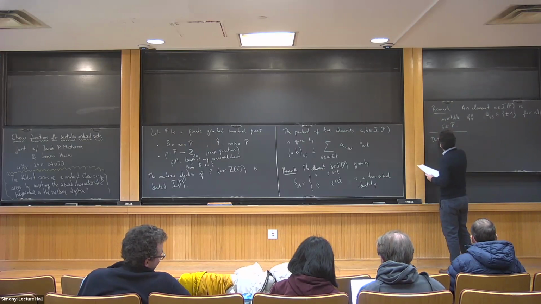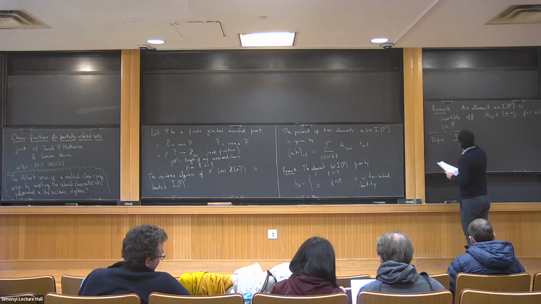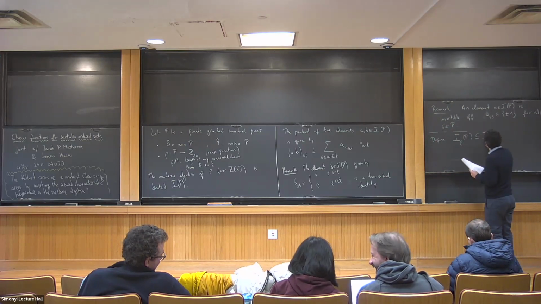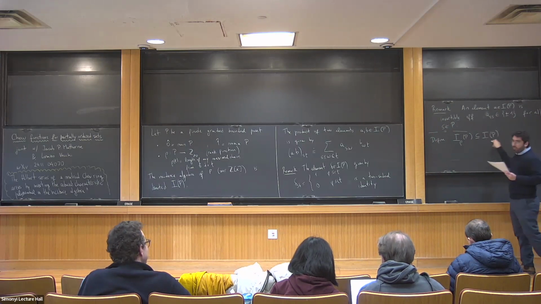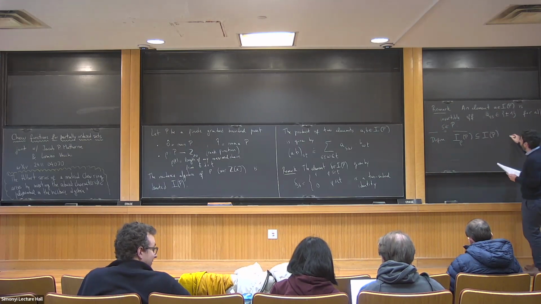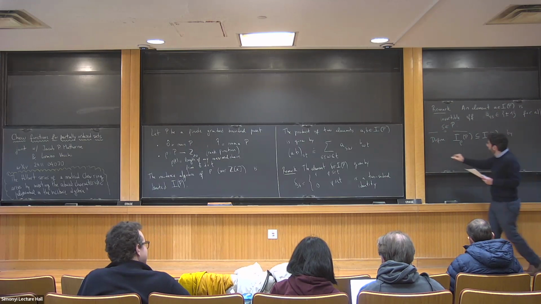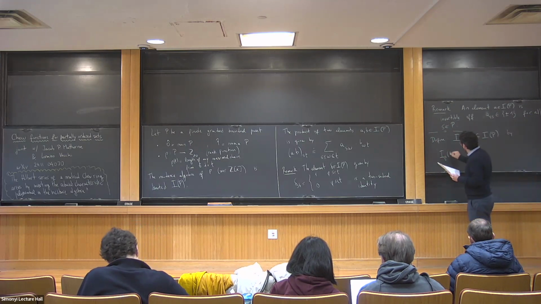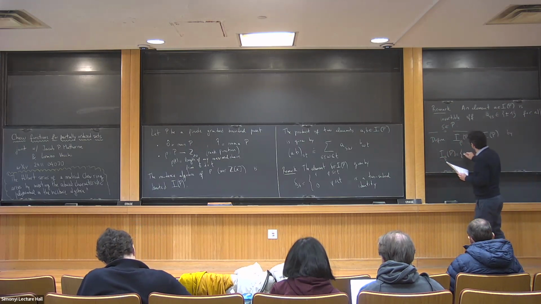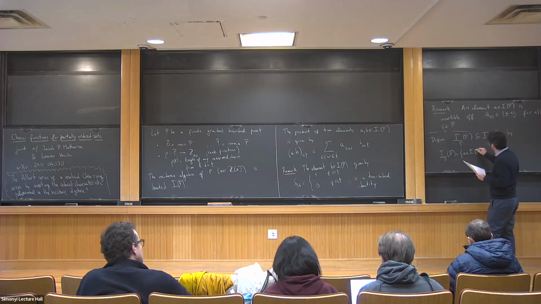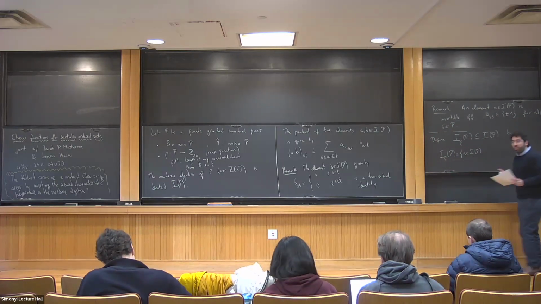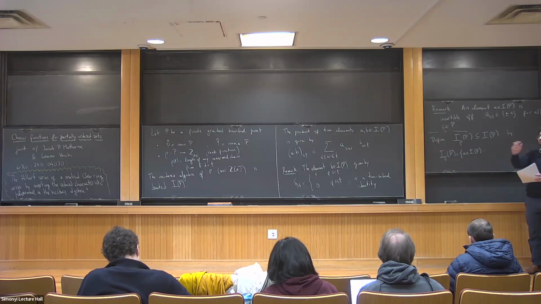And here, define I rho of P, a special subset of I of P, of all the elements in the incidence algebra, so all the elements in I of P, such that the degree of the polynomial associated to every interval is not too large.